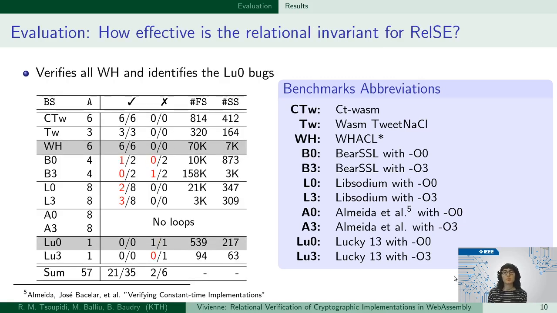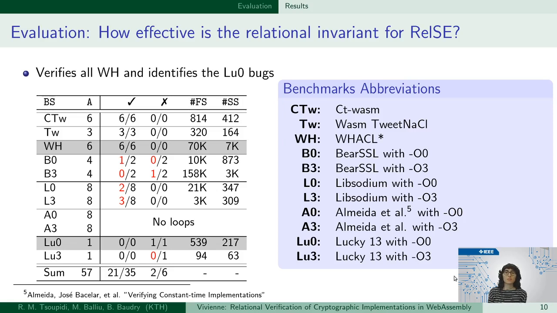The second question is how effective is the relational inductive invariant generation we use for relational symbolic execution. In this table, we can see that the 2 implementations that are in gray that were not analyzed with unrolling are analyzed correctly with the invariant.